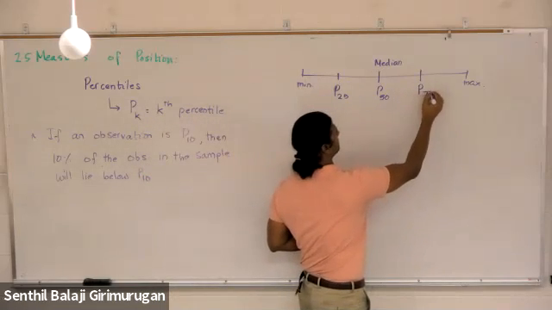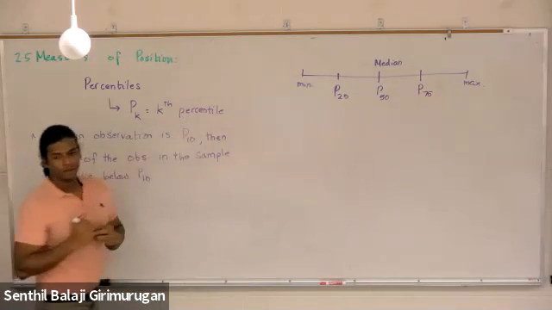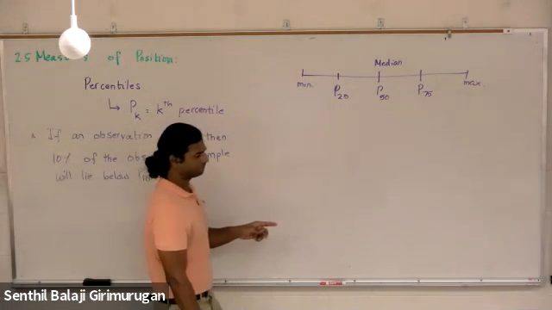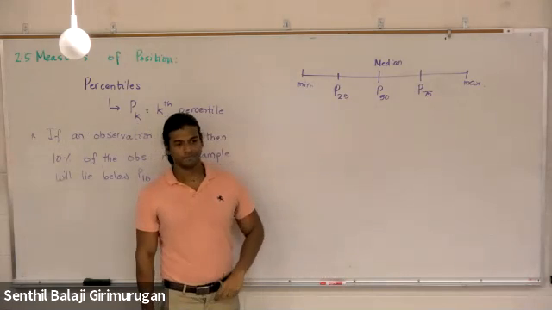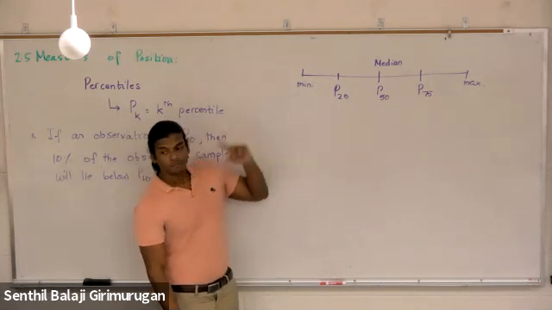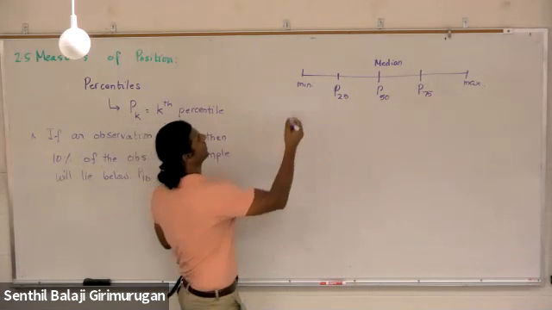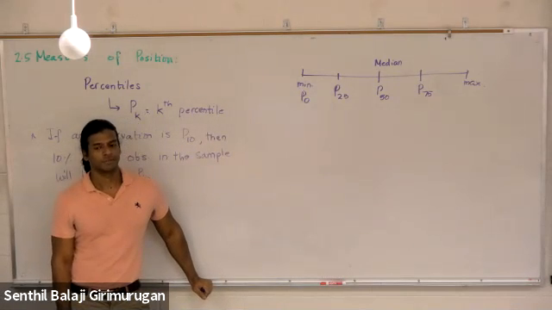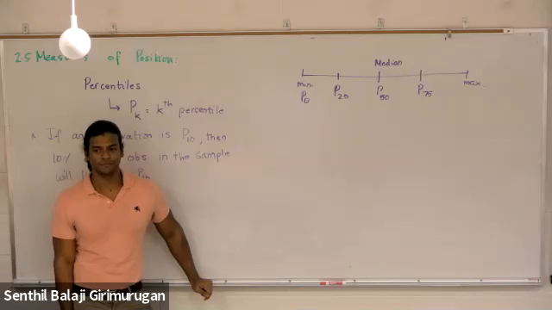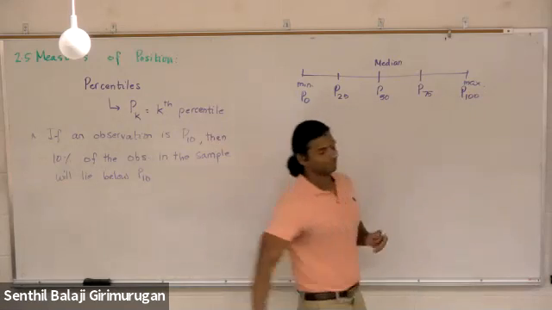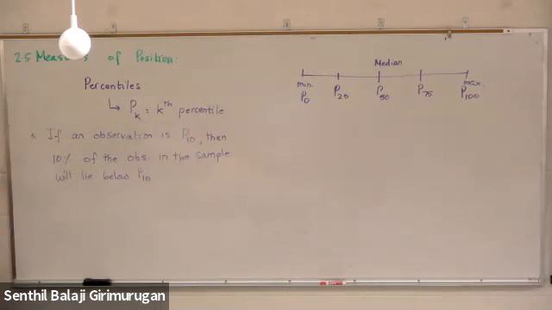P75, because 75% of observations would lie below P75. Now that we've established that, what is the minimum if I have to represent it as a percentile? P0. Nothing lies below the minimum. What about maximum? P100. Everything lies below maximum. Does that make sense? Okay.